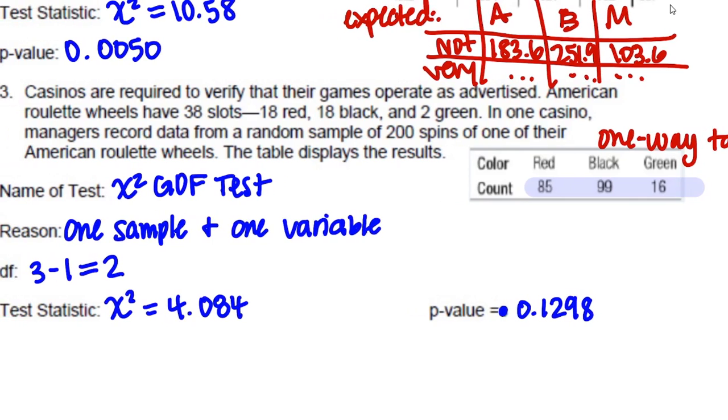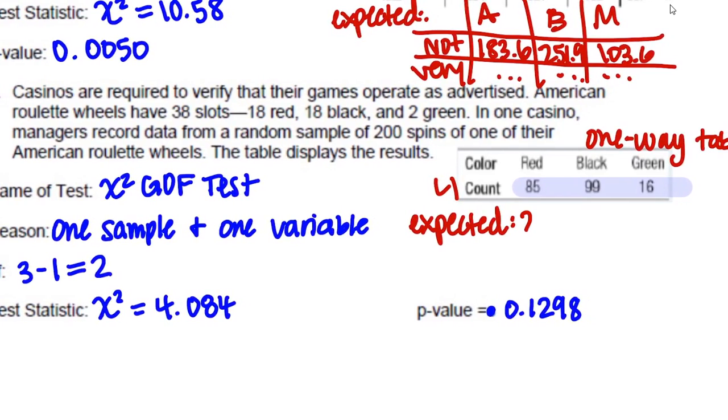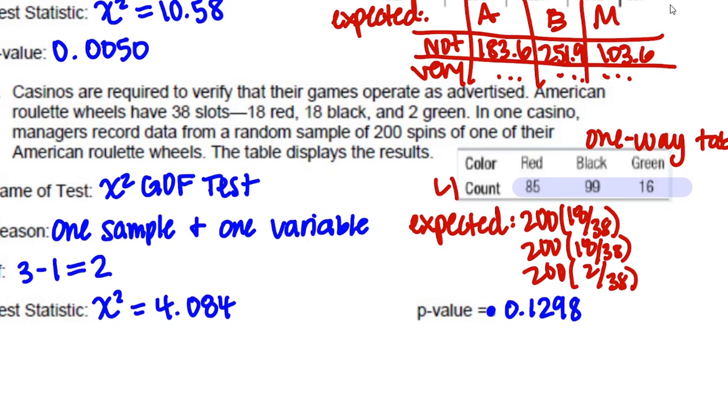But remember, you put your observed in L1, and then for your expected, take your sample size, 200, and multiply it by each of the probabilities. And so that would be red, black, green. And so in this one, we have to use L1, L2, and L3.